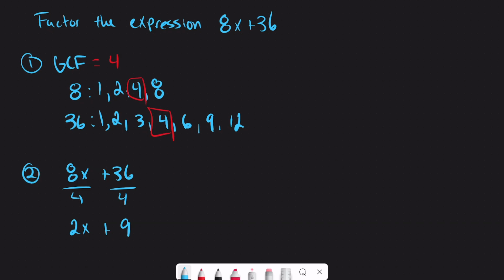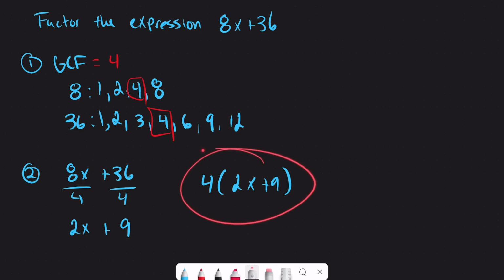So 2x plus 9 is what goes inside the parentheses, and what goes on the outside is the greatest common factor that we found, which is 4. And just to verify, 4 times 2x does give us 8x, and 4 times 9 does give us 36. So yes, this is the factored form of the original expression.